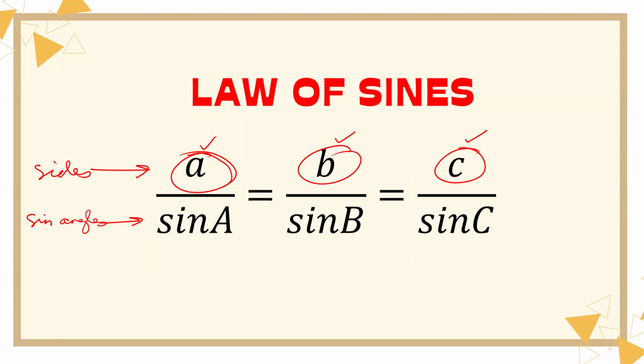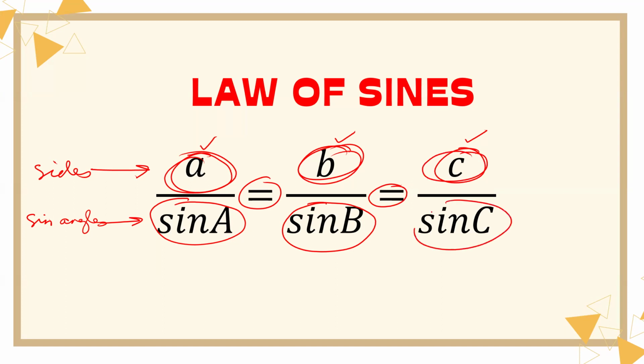So side A over sine angle A is equal to side B over sine angle B is equal to side C over sine of angle C. So this is the law of sines.